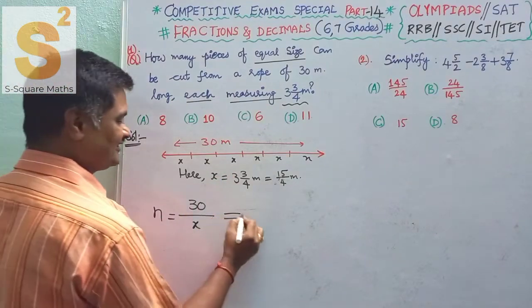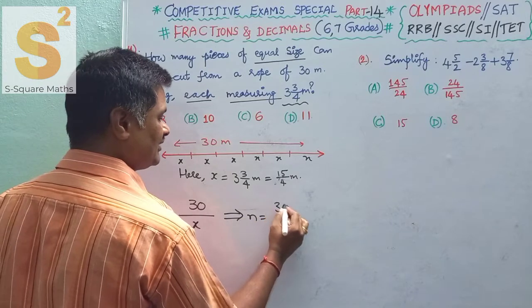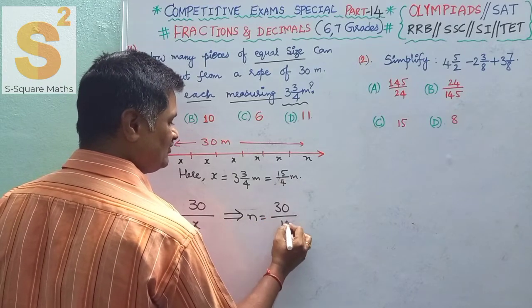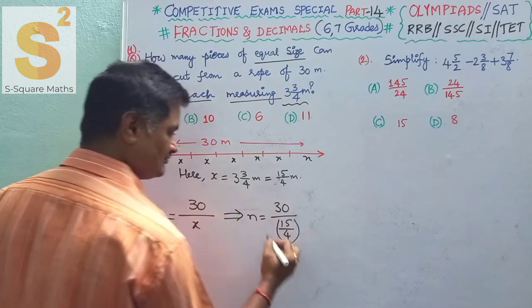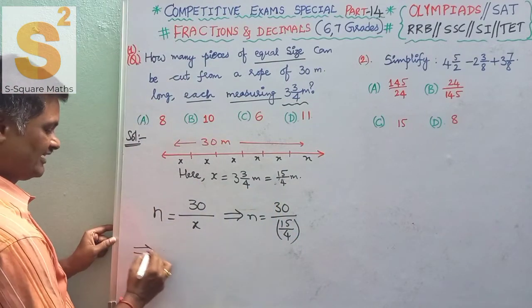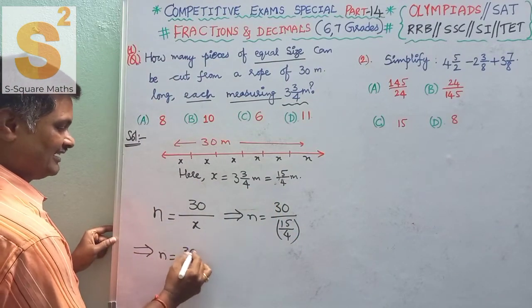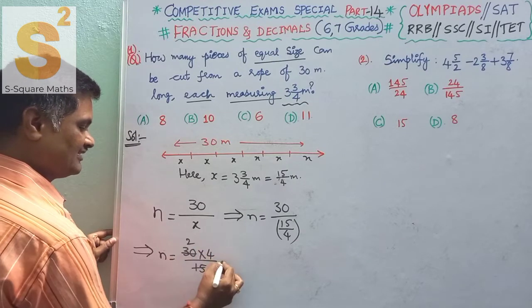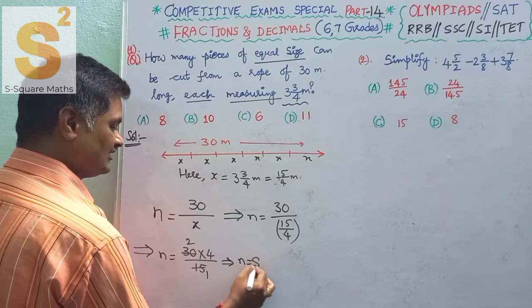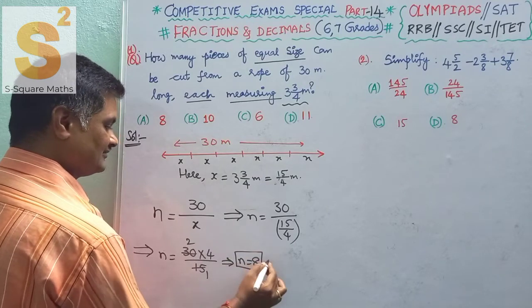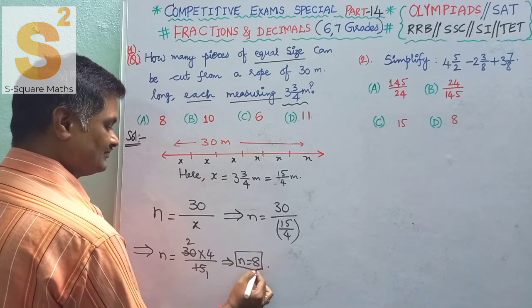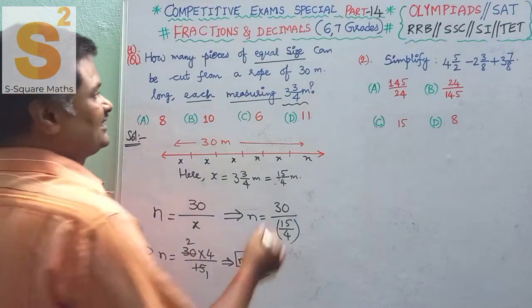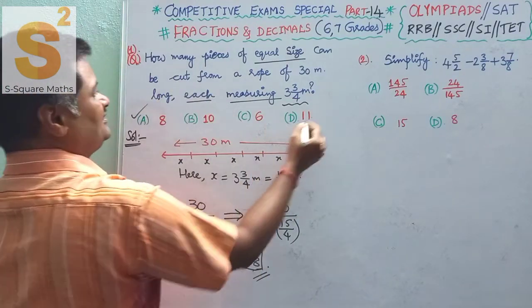So n is equal to 30 by x, and I got x here as 15 by 4. So n can be written as 30 into 4 by 15, once and twice. So n is equal to 8, which is option A.